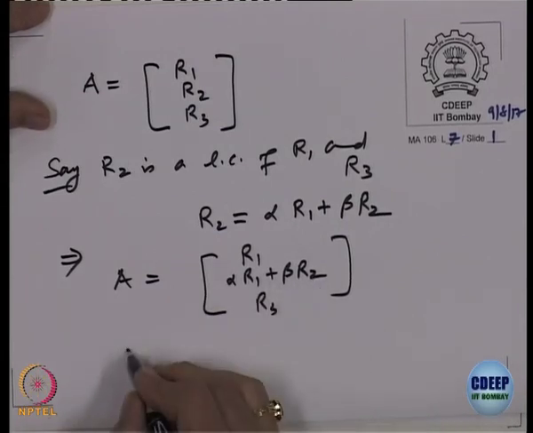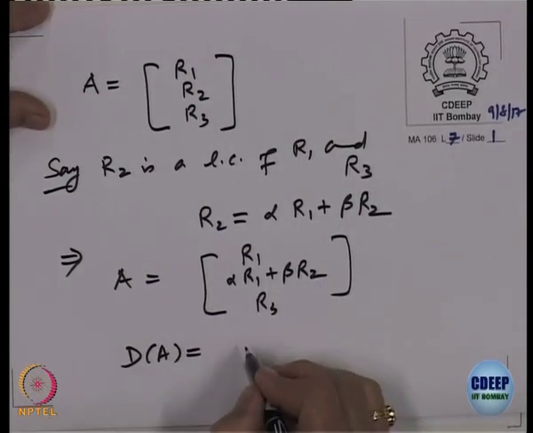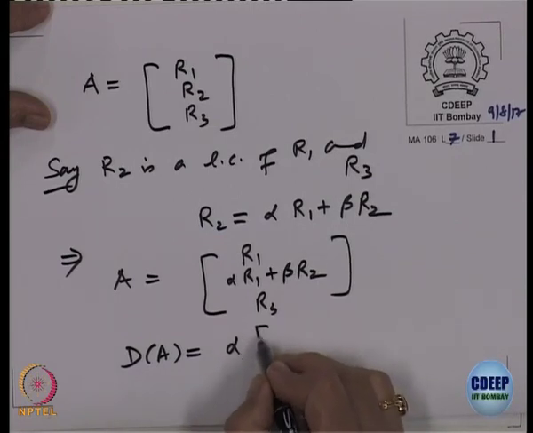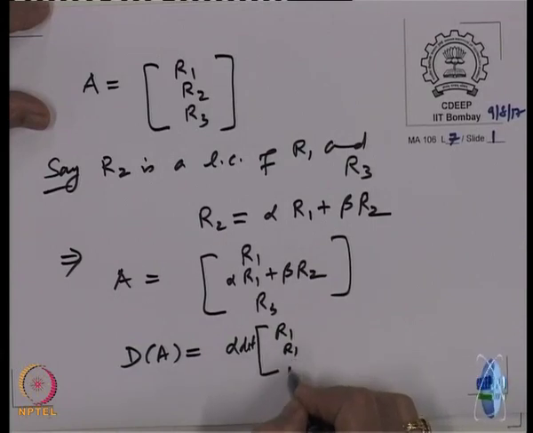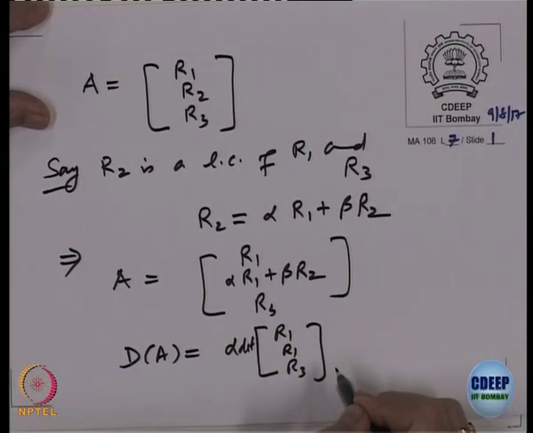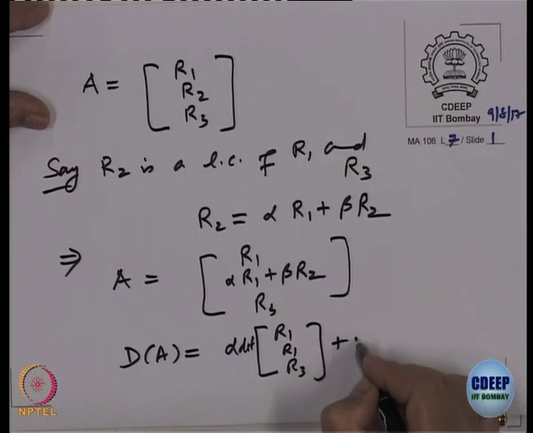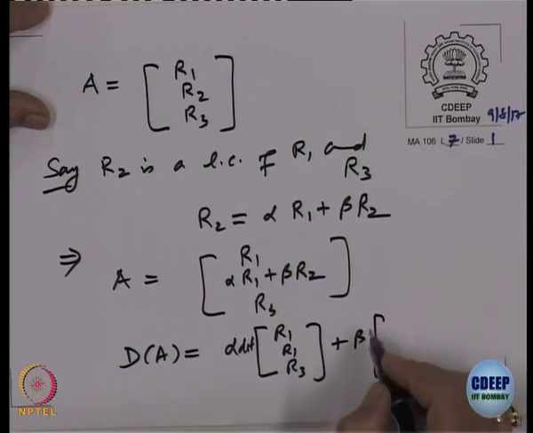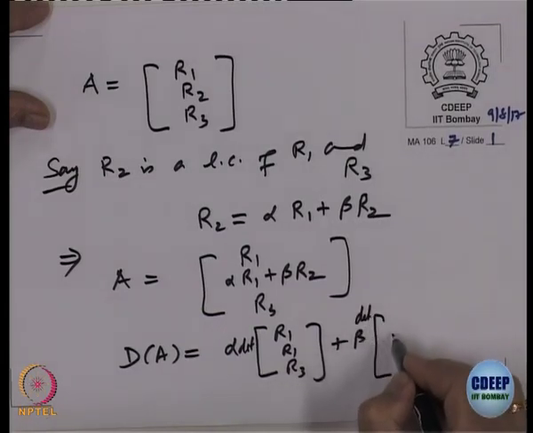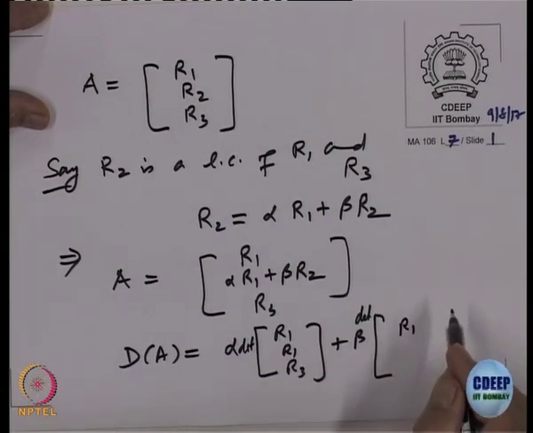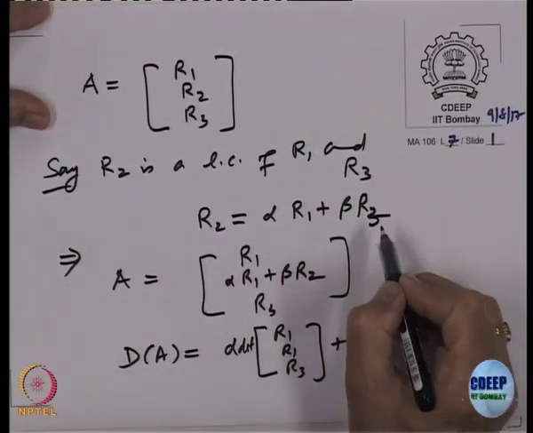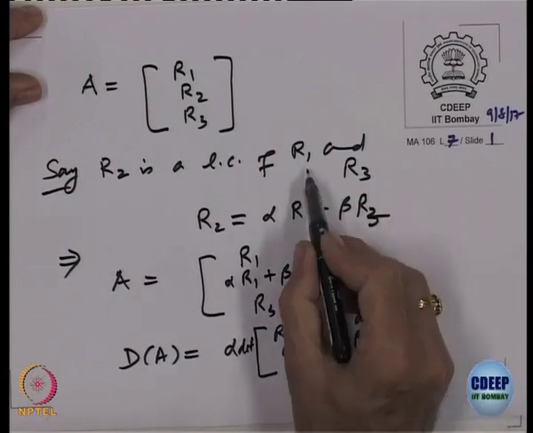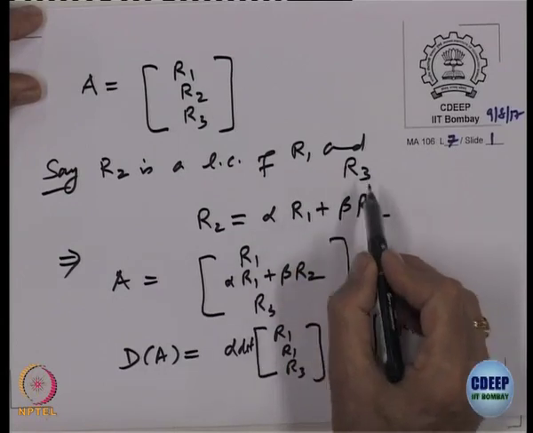So, by the determinant property, what is the determinant of A equal to? It is alpha times the determinant of the matrix R1, R1 and R3, right, plus beta times the determinant of the matrix R1, R3 and R3. Oh sorry, R2 was a linear combination of R1 and R3, so it should have been R3. I wrote a mistake here.